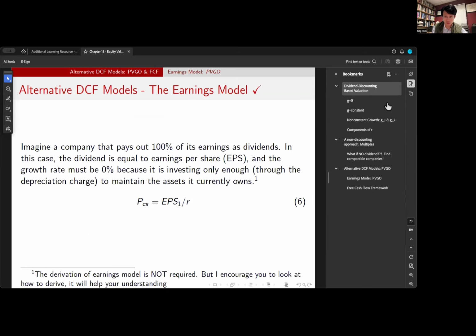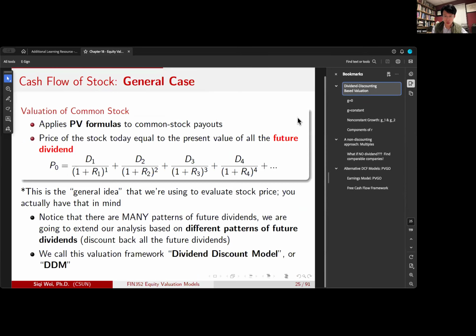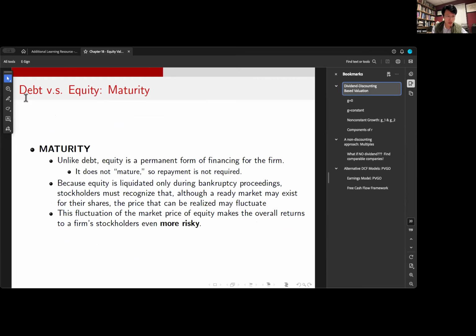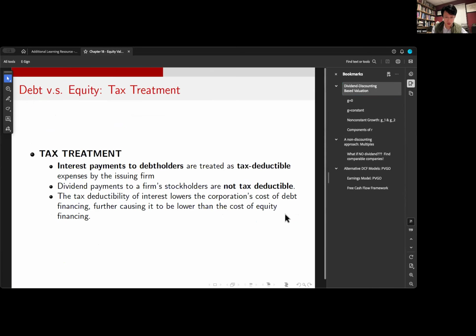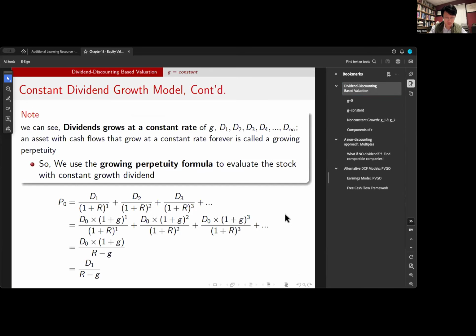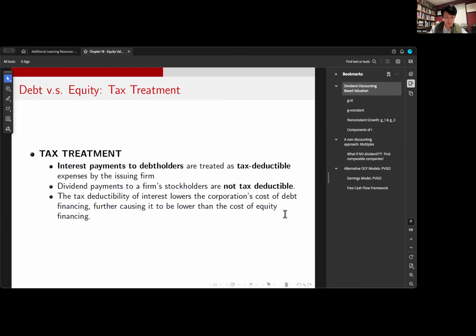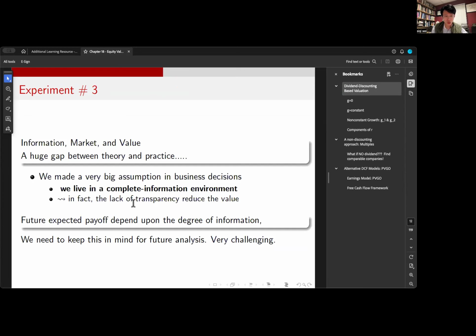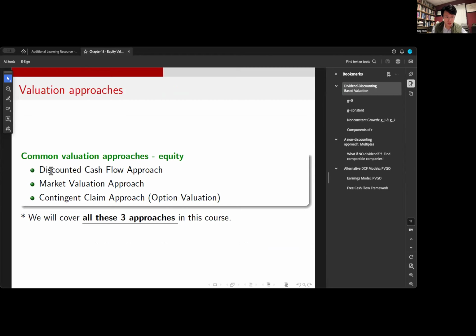Again, just to briefly recap, within this set of lecture notes we covered three approaches. The first one is the discounted cash flow approach. The second one is using financial multiples.